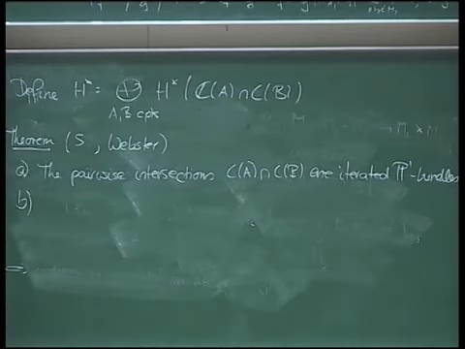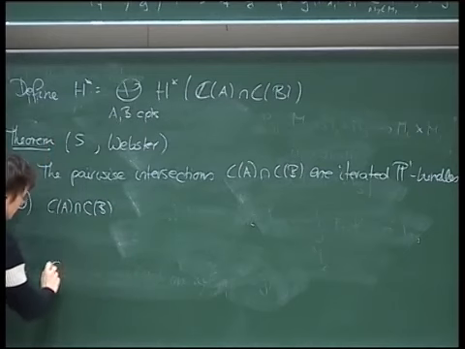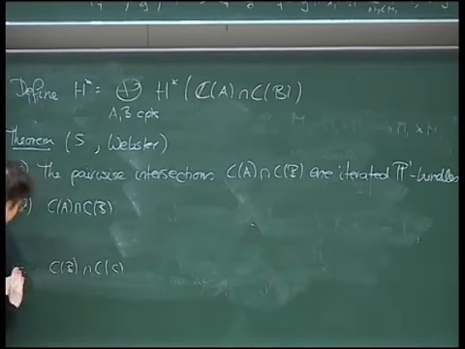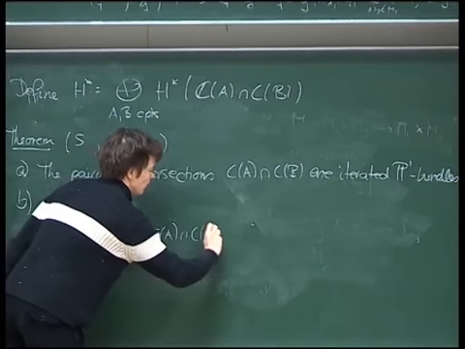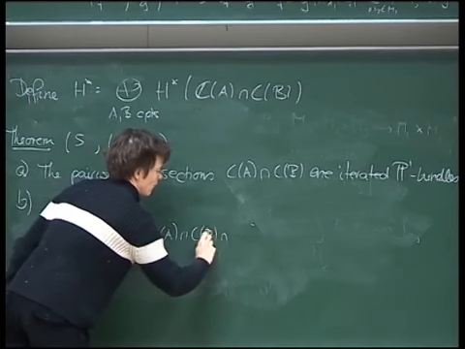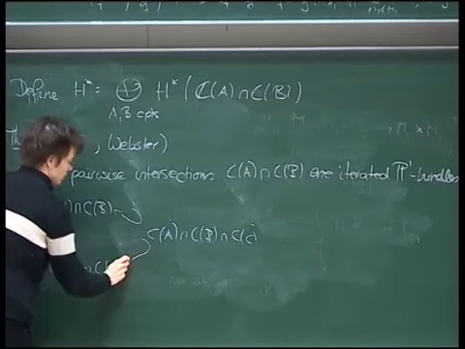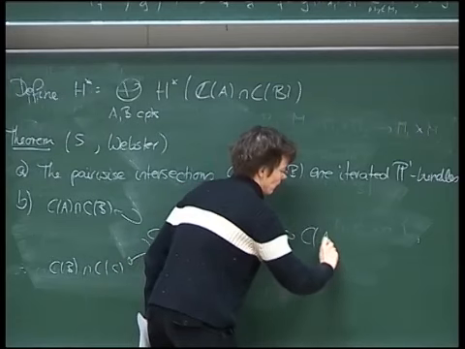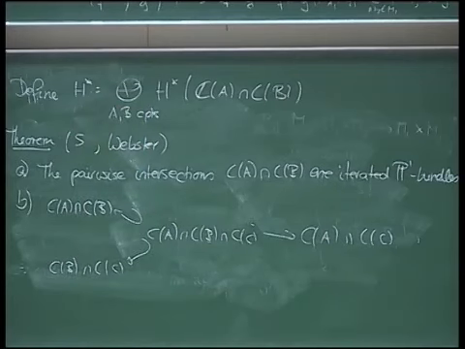And in part B, I want to introduce a convolution product by taking a pairwise intersection and another pairwise intersection. Then inside there I have the triple intersection, and then I can go to the pairwise intersection like this.